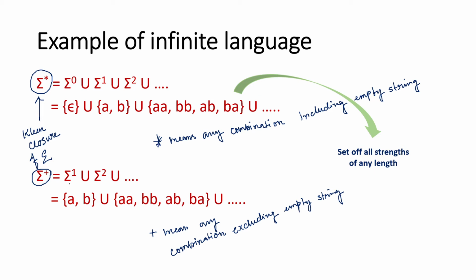And that's why you see the sigma 0 that is present over here is absent. We started from sigma 1. We have not included this epsilon over here.